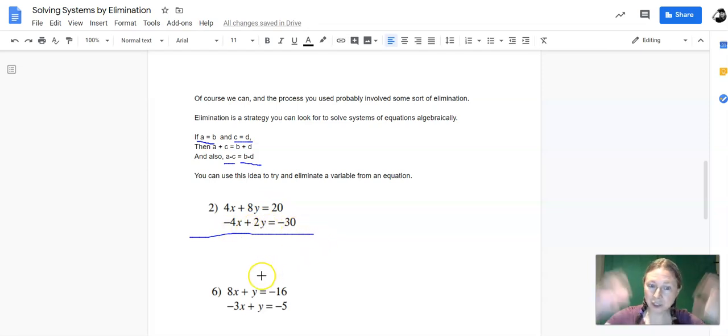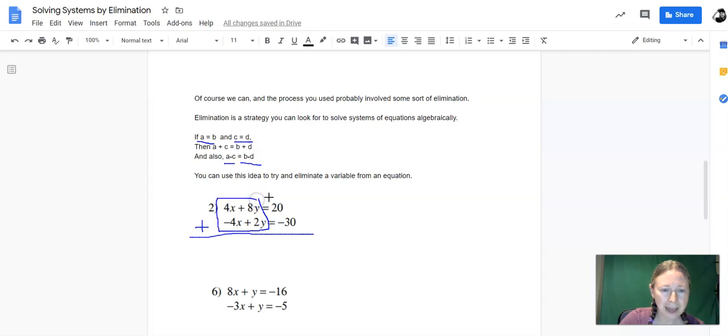I can add these two equations in their total to each other, and it would actually eliminate one of the variables. Because if I look at 4x and I add negative 4x, I get 0. It eliminates x. So let's add the two equations together. We're going to add this side to each other, and we're going to add these to each other. And we still get a true statement, but it helps us eliminate a variable.